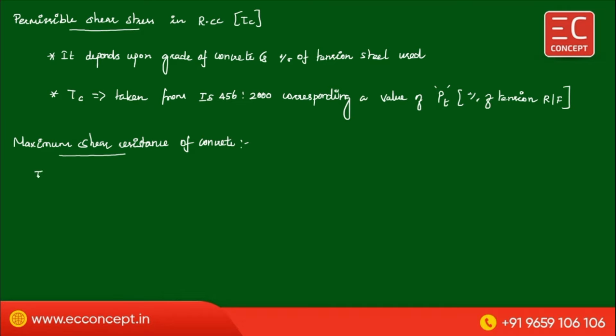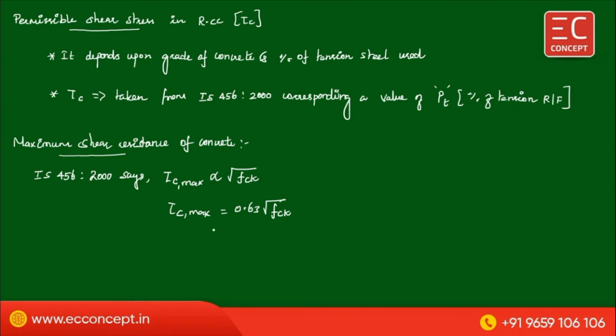The code, IS 456 2000, says tau c max is directly proportional to root of fck, and tau c max is equal to 0.63 root of fck.